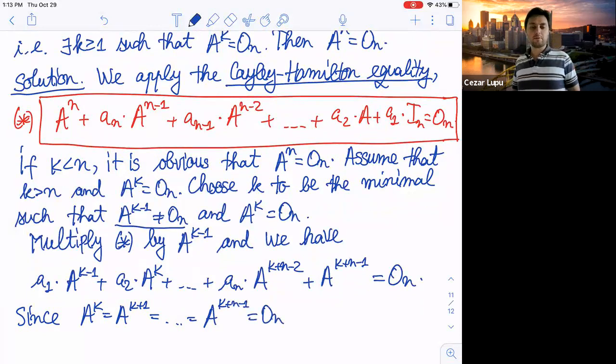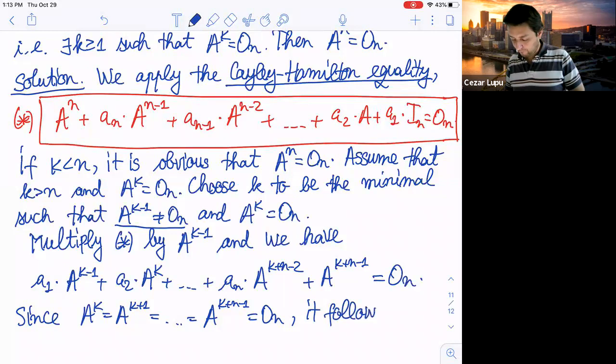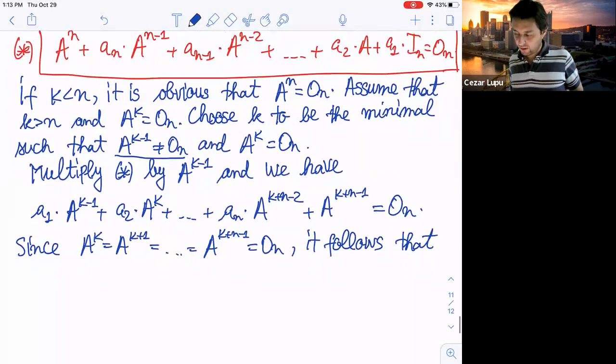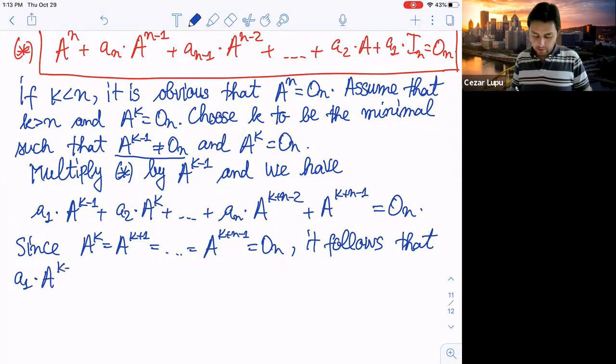Since all these are equal to the null matrix, it follows that a1 times a to the power k minus 1 is 0, right?